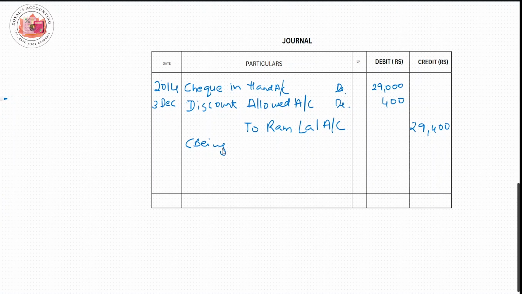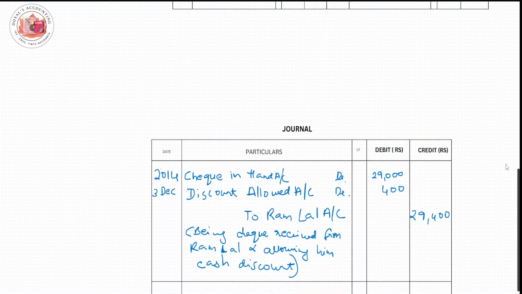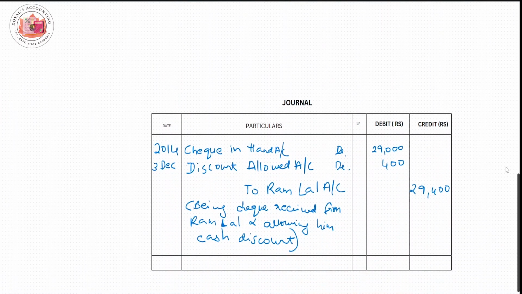Being check received from Ramlal of rupees 29,000 and allowed him cash discount of rupees 400. Usually cash discounts are given to encourage prompt payment. So this transaction won't be reflected in our cash book because cash or the bank account is not being involved.